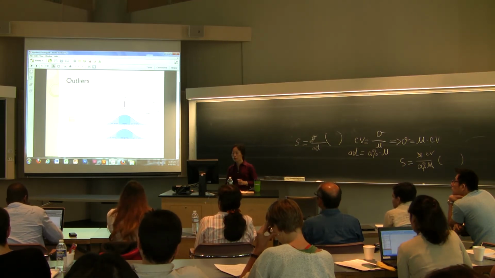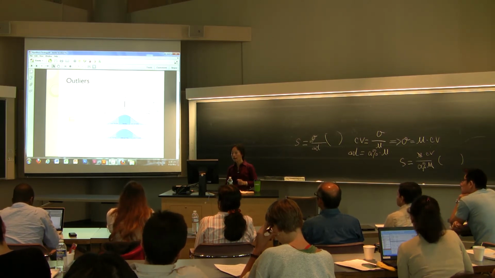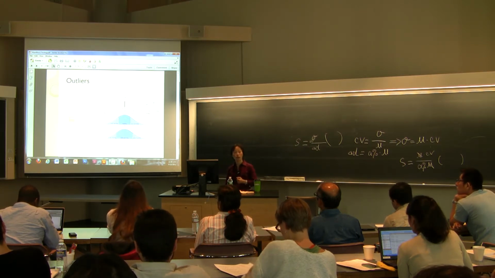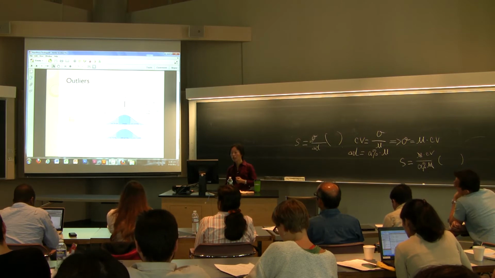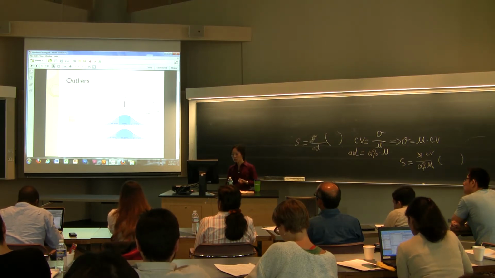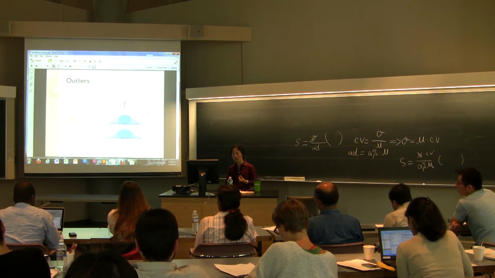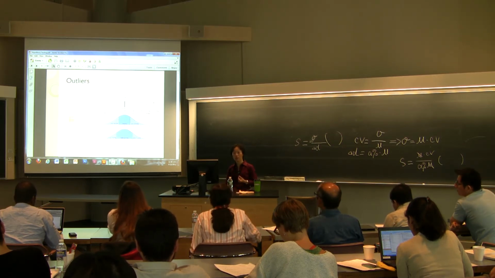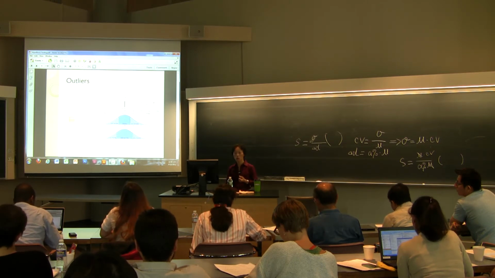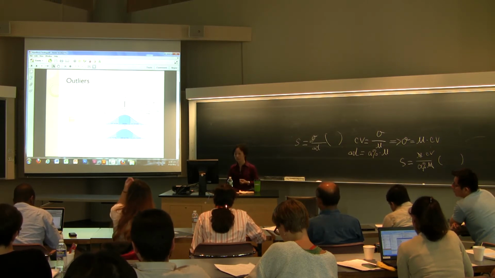Any value beyond the third quantile plus 1.5 times the interquartile range, we call an outlier. Also, any value less than the first quantile minus 1.5 times the interquartile range, we call an outlier.